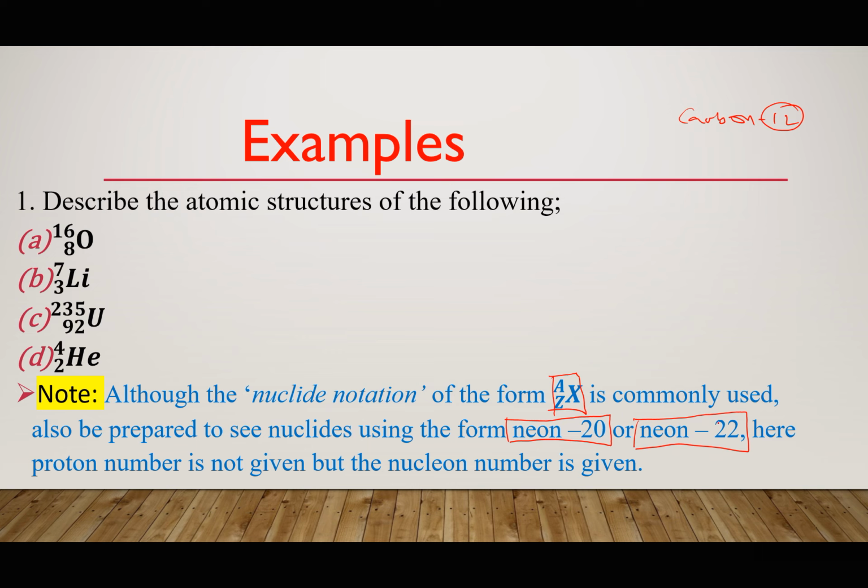Neon 22, what is this 22? What is given here is the nucleon number, not the proton number. When we say neon 20, 20 is the nucleon number, not the proton number. When we say carbon 12, 12 is the nucleon number, not the proton number. So sometimes you'll see a nuclide described like this, especially in exams.